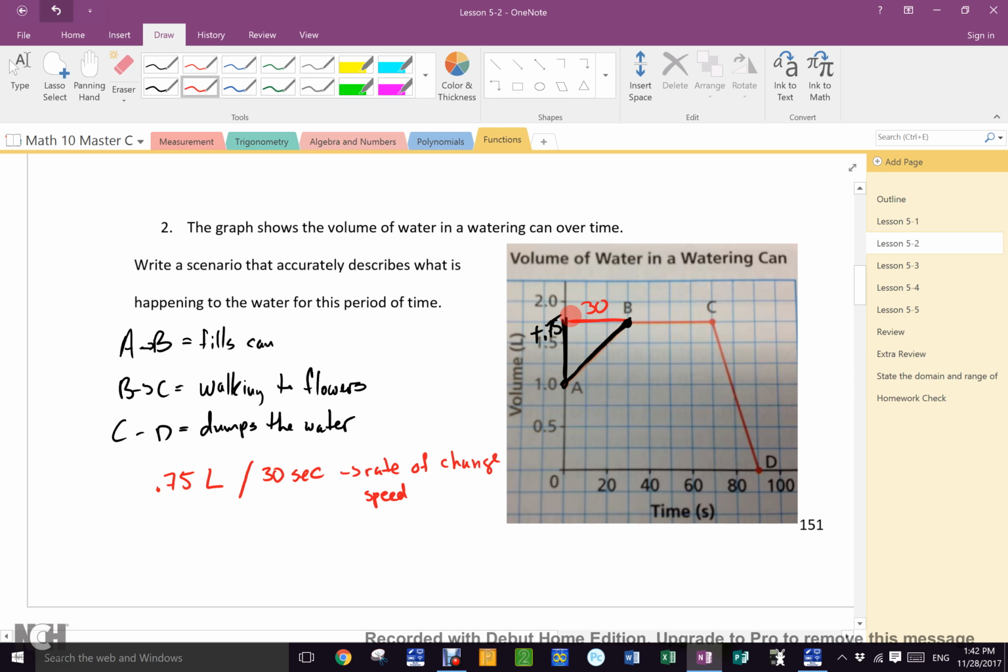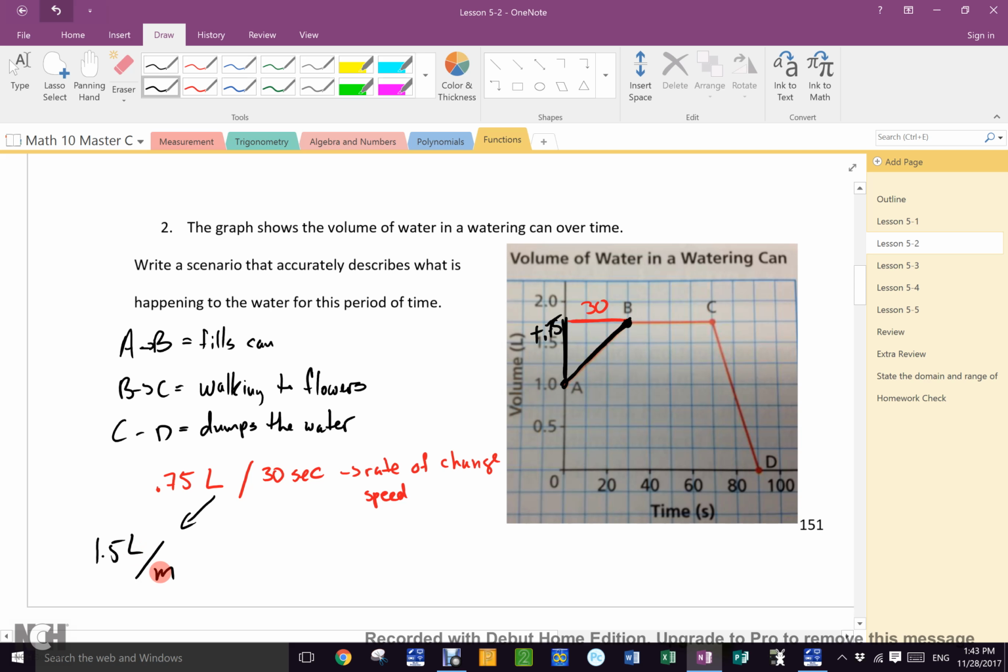Yes, because we can see 0.75 and 30. What would we say the rate of change is there, though? Would we do it per 30 seconds, or would we do it per minute, or per hour? Per second, maybe. If we were doing it per minute, what would it be? 1.5 liters per minute.